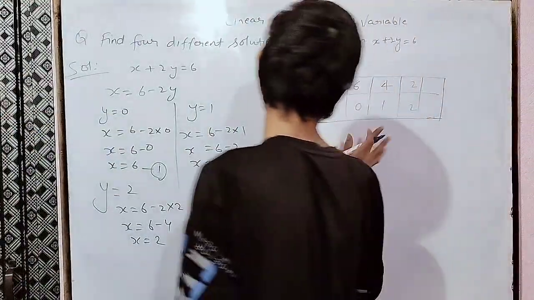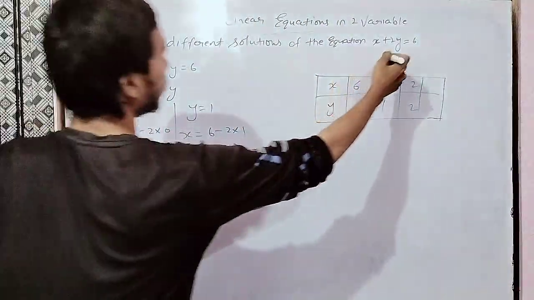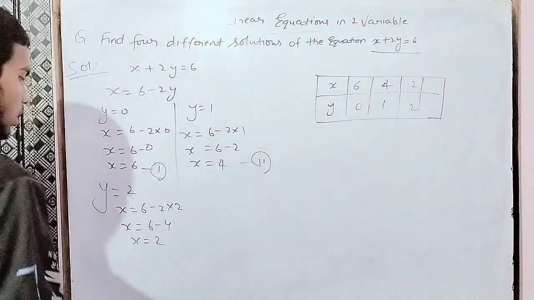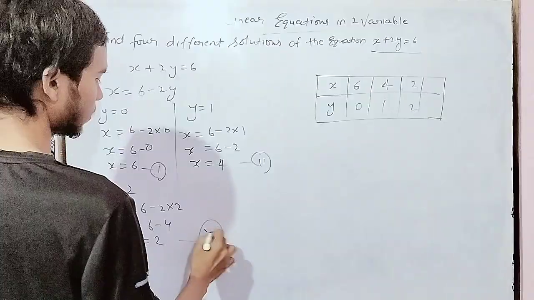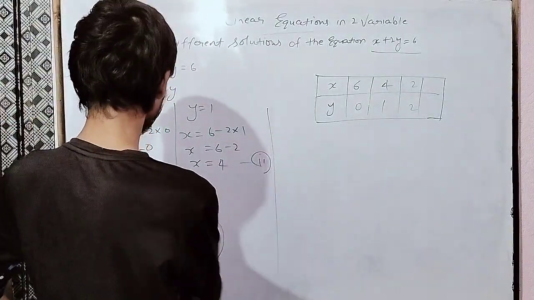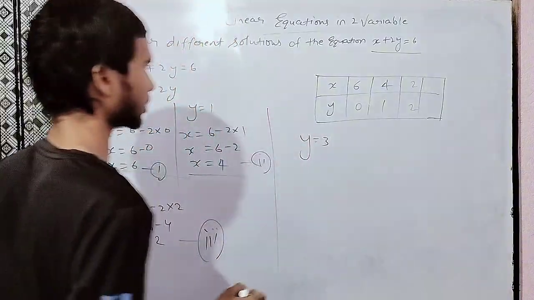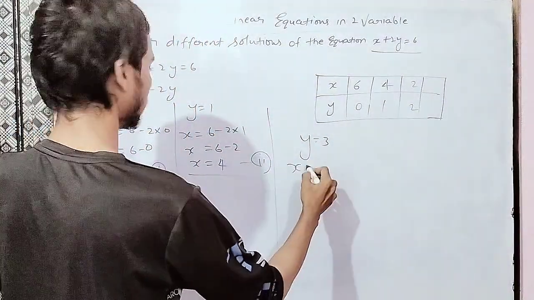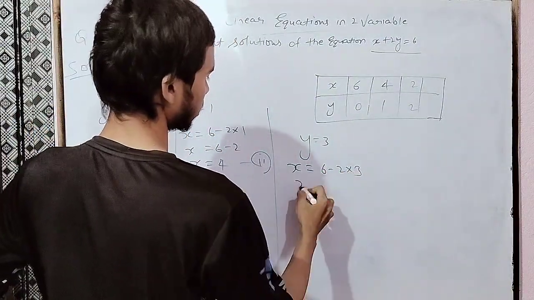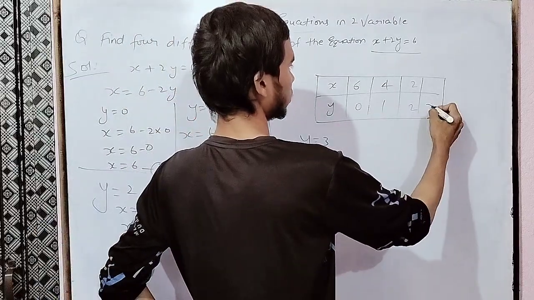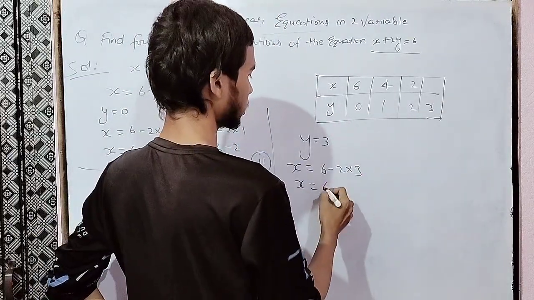Okay. We have found 3 different solutions of this linear equation. This was the third. Now next, y is equal to 3. Then what will happen? x is 6 minus 2 multiplied by 3. You can see, so y is 3, then x will be 6 minus 6.